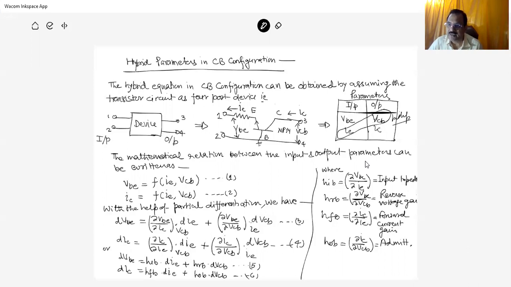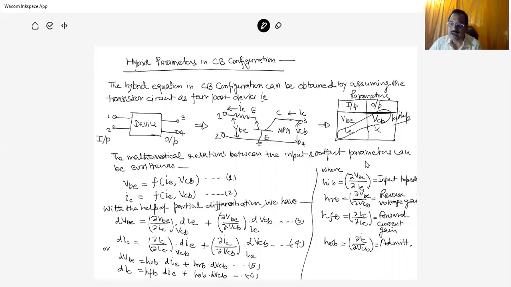Then the mathematical relations between the input and output parameters can be written as VBE is equal to function of input current and output voltage, IE and VCB. Output current IC is a function of IE and VCB, input current and output voltage. So we consider two variables as independent variables, current and voltage, and the other current and voltage are dependent variables. And that's why it is called hybrid. Hybrid means one voltage and one current mix.